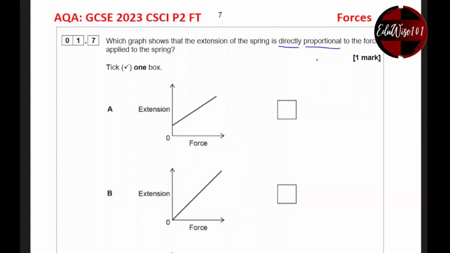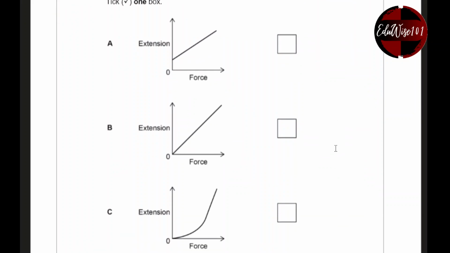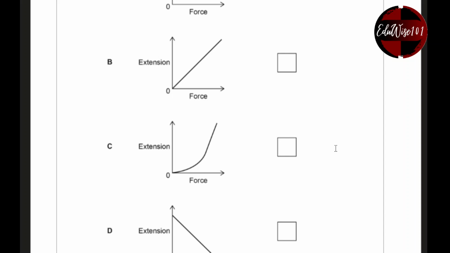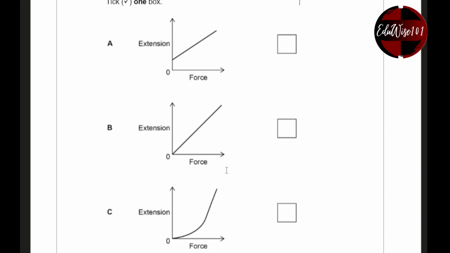That's why we say directly proportional is when you double one value, the other value also doubles. In a graph, what would it look like? The graph would have a straight line, so that means it's not C here. And the graph would also go through the origin, which is 0 here. And it'll actually go right through the middle. So that's directly proportional.